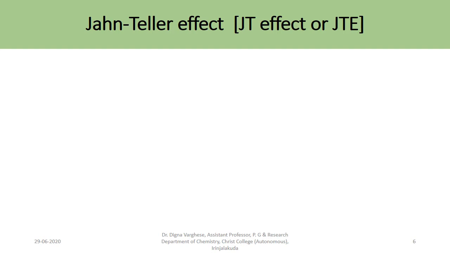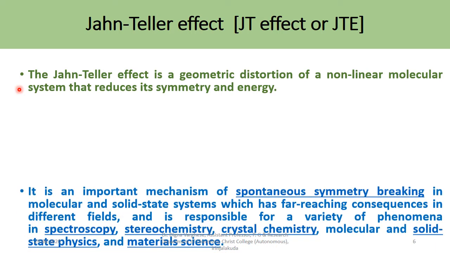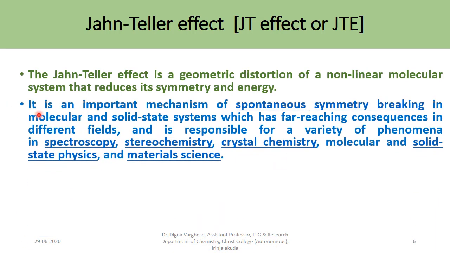Now the term Jahn Teller effect. Explaining in this slide, the Jahn Teller effect is a geometric distortion of a non-linear molecular system that reduces its symmetry and energy. It is an important mechanism of spontaneous symmetry breaking in molecular and solid-state systems, which has far-reaching consequences in different fields, and is responsible for a variety of phenomena in spectroscopy, stereochemistry, crystal symmetry, molecular and solid-state physics, and materials science.